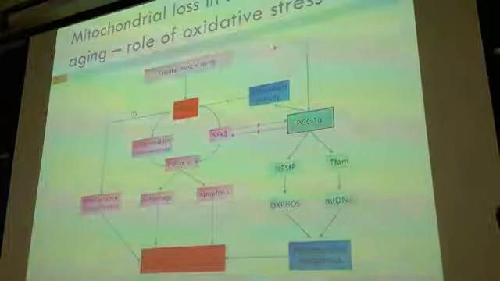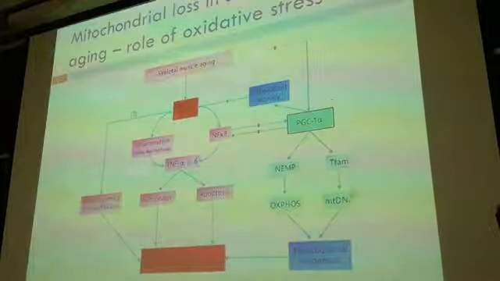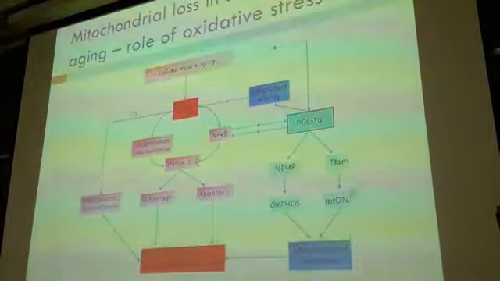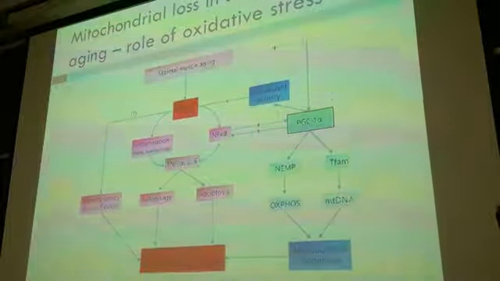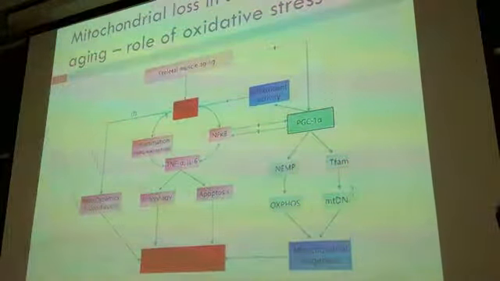I won't talk so much about that. There's a lot of back and forth in terms of mitochondrial structures that fuse and fission, and that can all be adversely affected by reactive oxygen species.